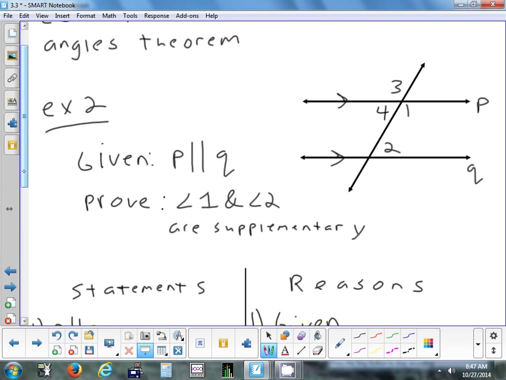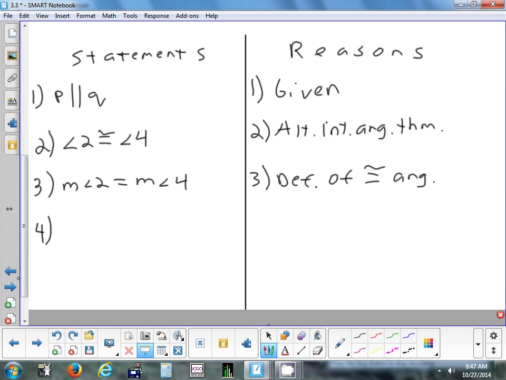Okay, let's go up and look at 1 and 4. What kind of angles are 1 and 4? They form something. Luke? Angle 1 and 4 are a linear pair.